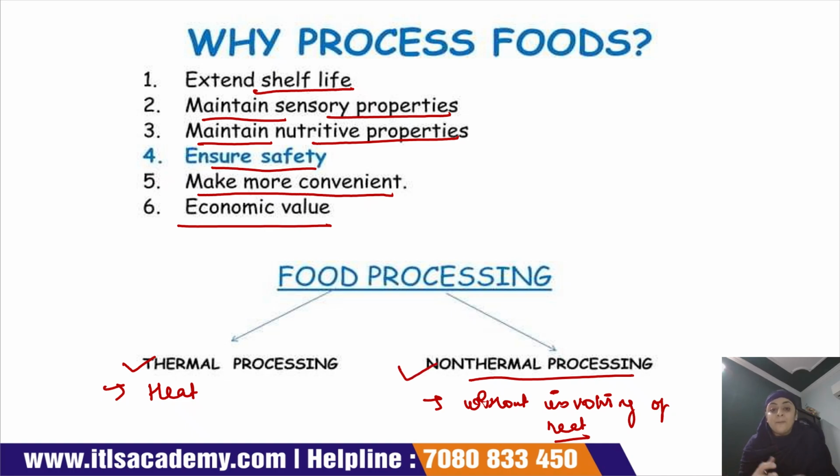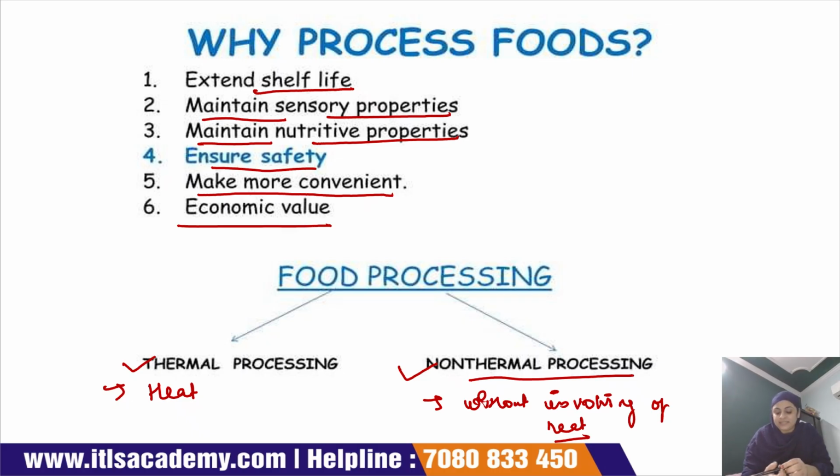In thermal processing, we apply heat to the food product, which extends the shelf life while maintaining sensory properties and nutritive value. In non-thermal processing, we extend the shelf life without the involvement of heat energy, and we use it for food products which are very heat sensitive. Clear my points?